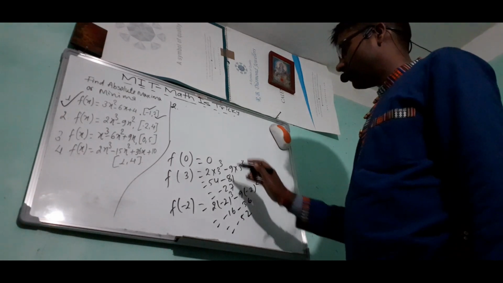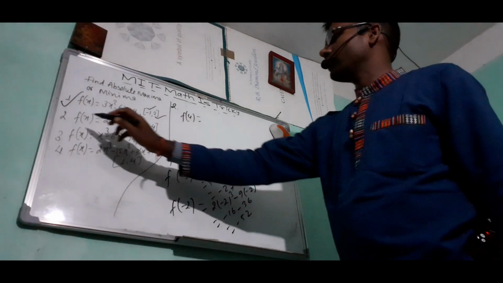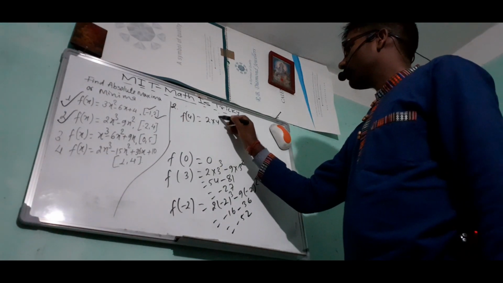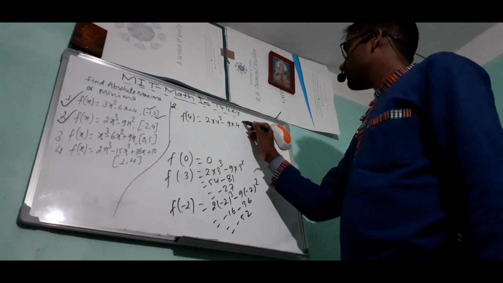So the last one is here f of 4. F of 4 will be how much? We are doing here second number. So 2 into 4 cube minus 9 into 4 square.